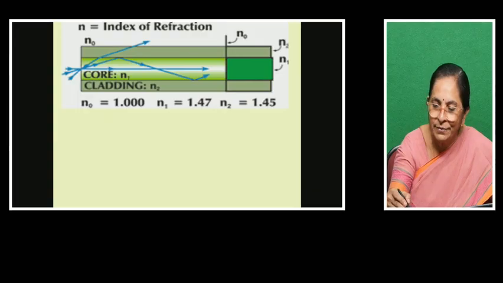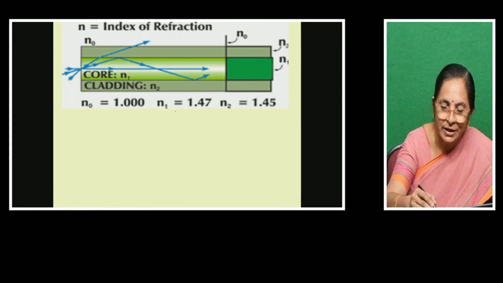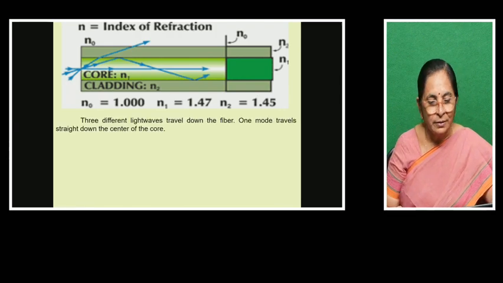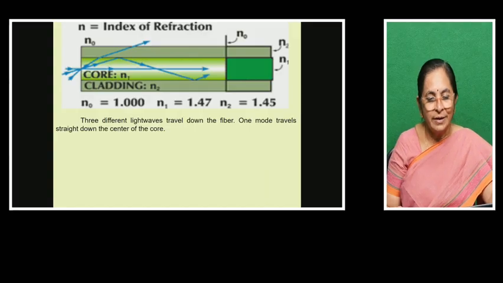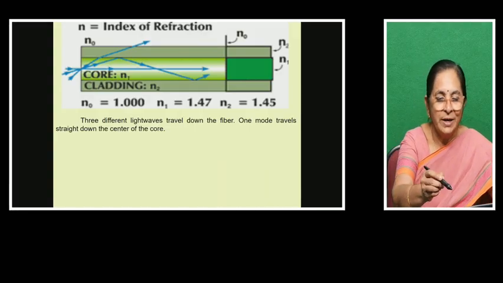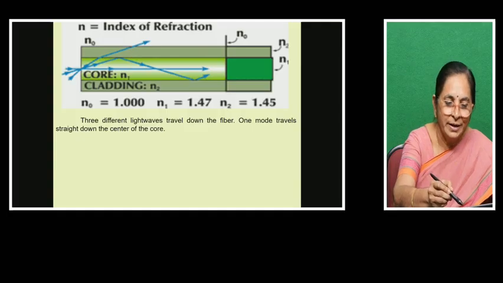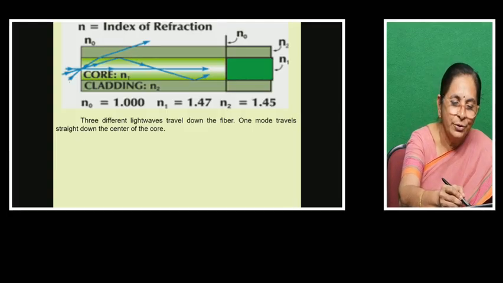The cladding should have a refractive index around 1.45, which is lesser than the refractive index of the core. Here 3 different rays are there. It's a multi-mode optical fiber. The laser diode or the LED is sending 3 rays, for example.